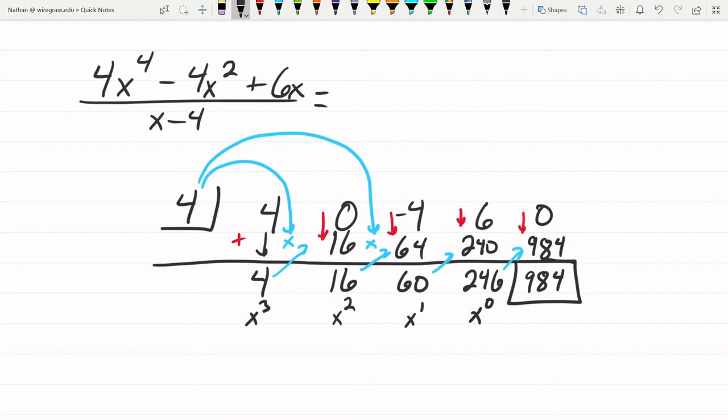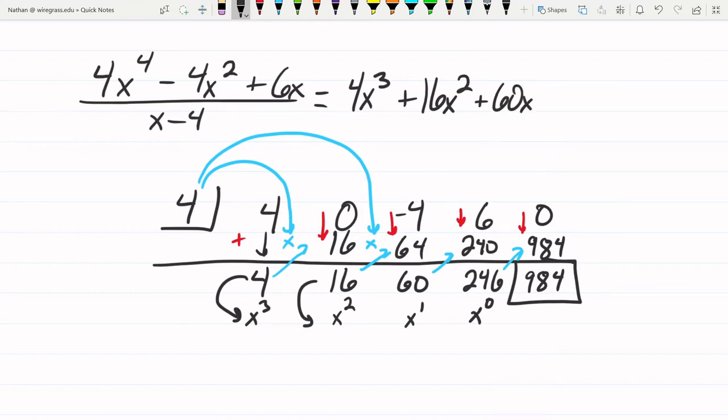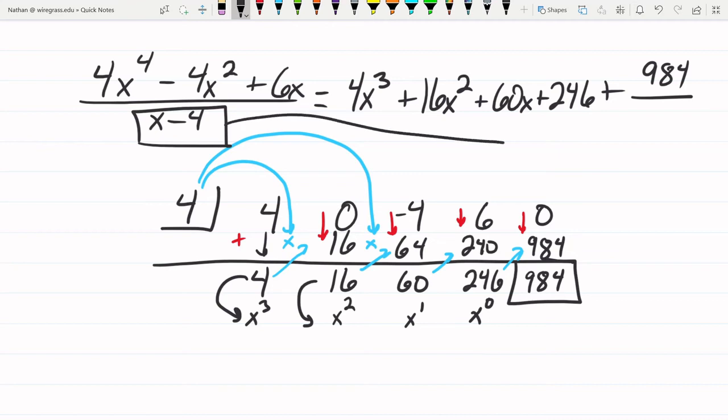And that means this answer is going to be 4x cubed, because the 4 goes on the x cubed. 16 goes on the x squared. It's a positive 16, so positive 16x squared, and positive 60x, and then positive 246, with the remainder over the divisor, which is still given in the original problem.